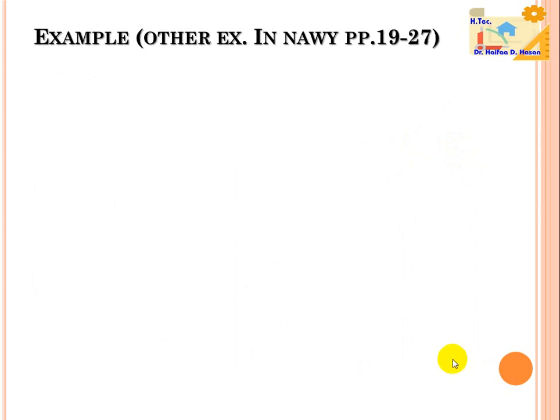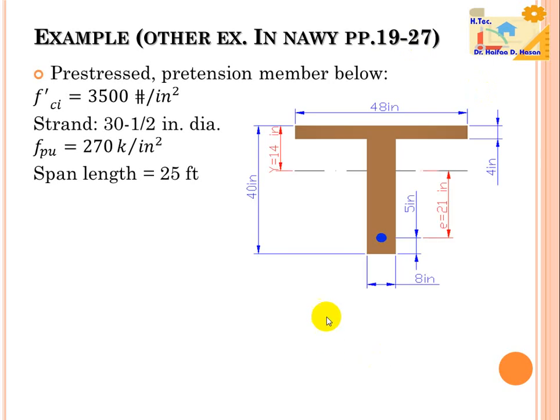Example. Other examples we can also find in Nawy, pages 19 to 27. In this section we can see all dimensions, and this section is for a pre-tensioned pre-stressed member with f'ci 3050 and f'c 5100 pounds per inch square.